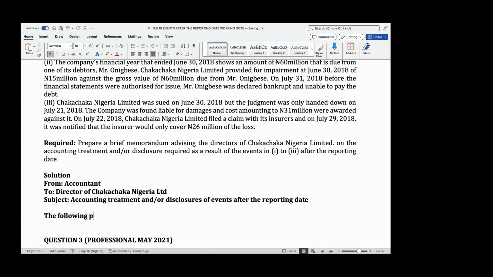So the following paragraphs explain the accounting treatments of the events specified in the question.